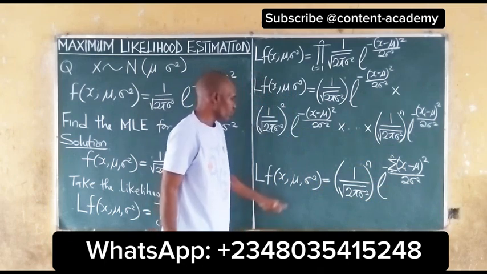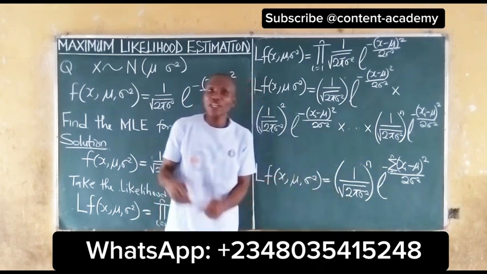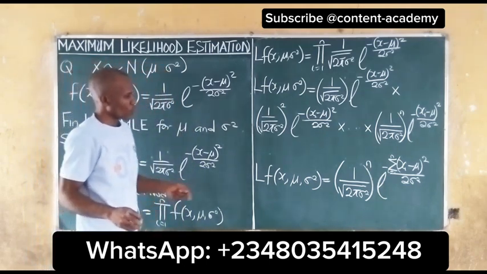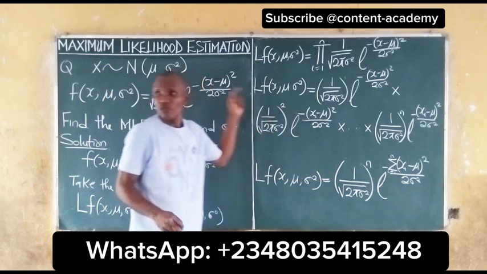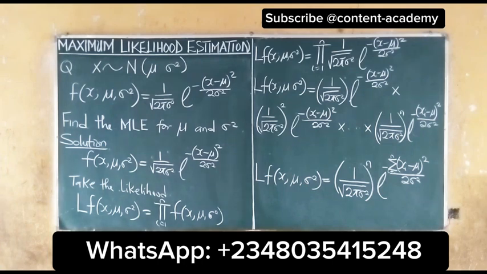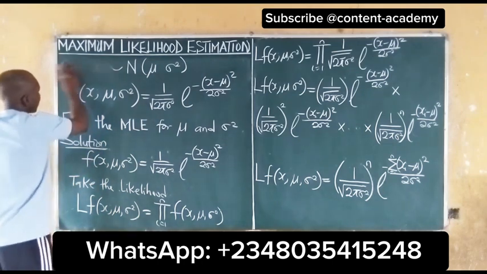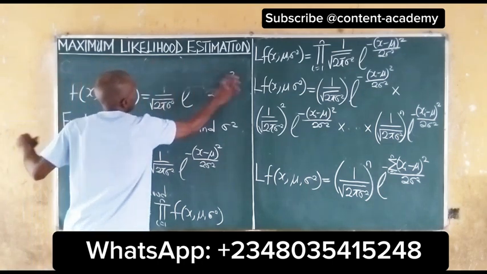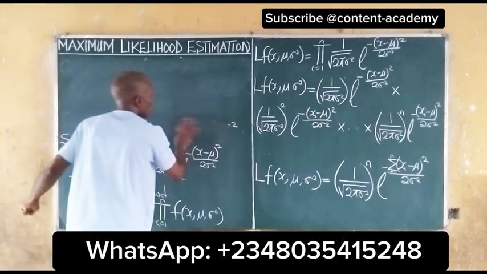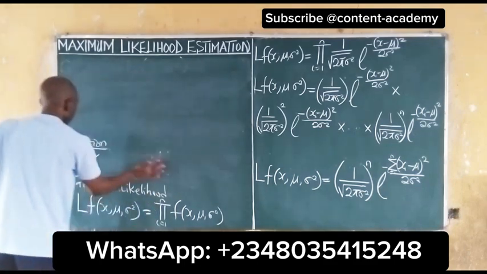The first thing to do is to rearrange this properly so that it will be very easy for us to take a logarithm. So, how do we rearrange this? We just considered taking the likelihood function of the normal distribution.